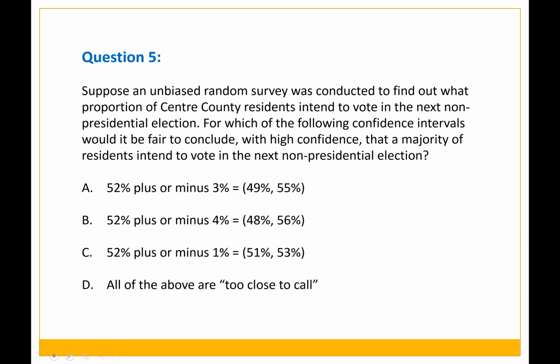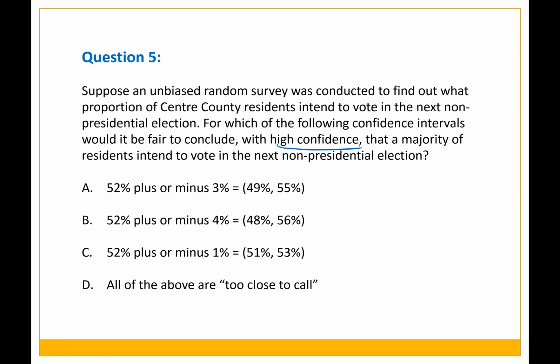Now, question 5. Suppose an unbiased random survey was conducted to find out what proportion of Central County residents intended to vote in the next non-presidential election. For which of the following confidence intervals would it be fair to conclude with high confidence that a majority of residents intend to vote in the next non-presidential election?